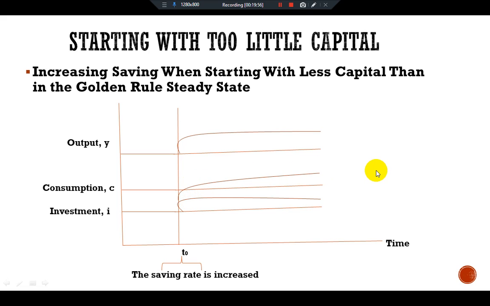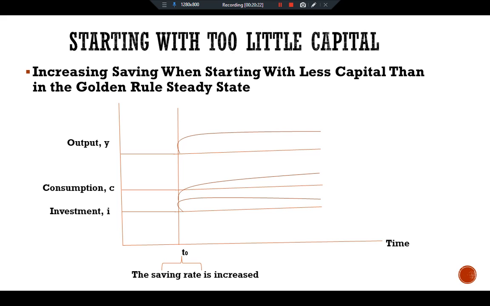So let's see what this figure shows. The increase in saving rate at t naught causes an immediate fall in consumption, and raises the investment level in the economy. Over time, higher investment causes the capital stock to rise as capital accumulates.